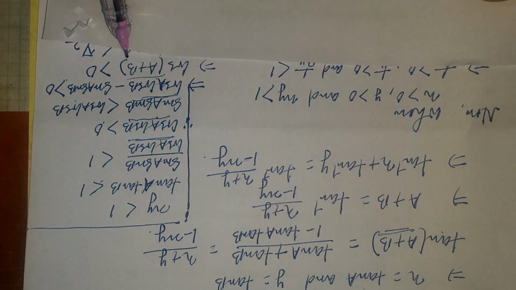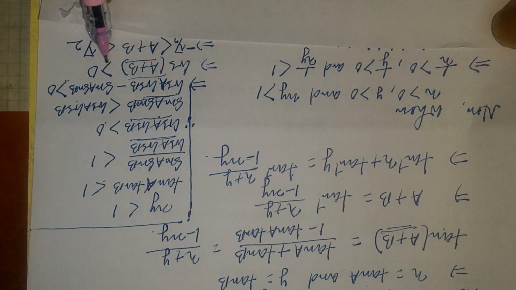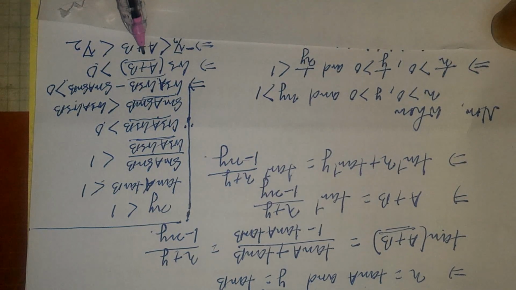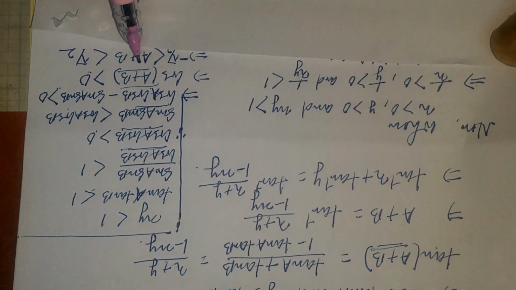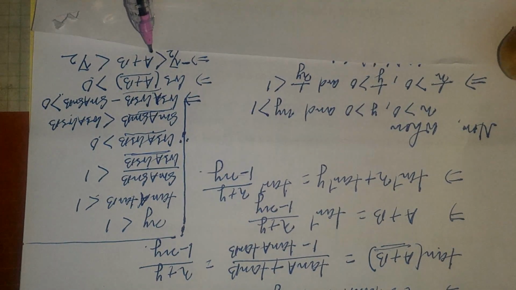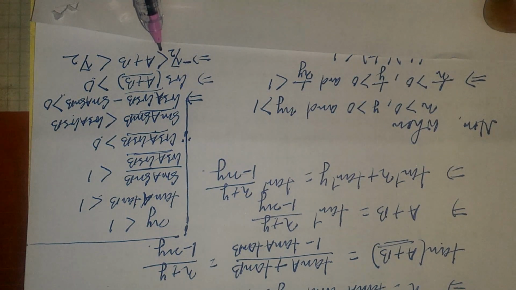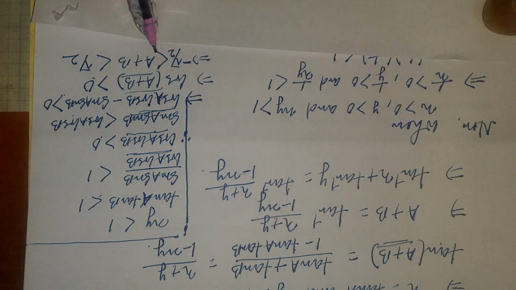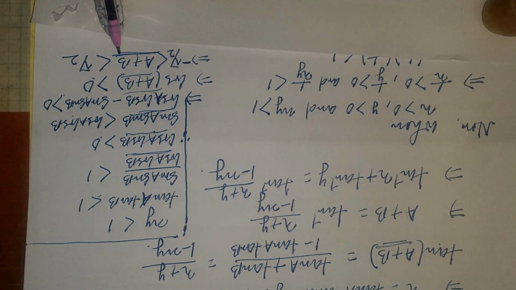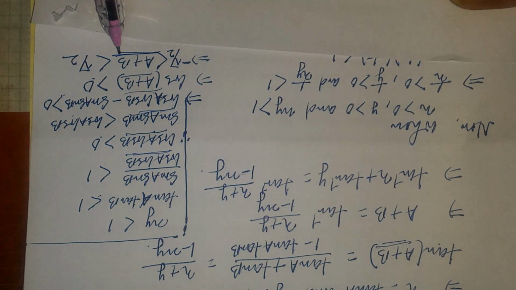Cos (a plus b). It means cos (a plus b) is more than 0. If cos (a plus b) is more than 0, it tells us that a plus b is in the fourth or first quadrant, or we can say it is from minus pi by 2 to pi by 2. Now we have authenticated that a plus b is from minus pi by 2 to pi by 2.